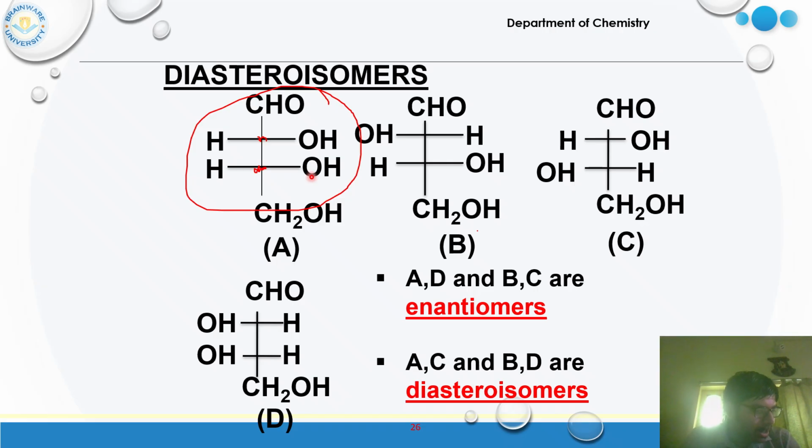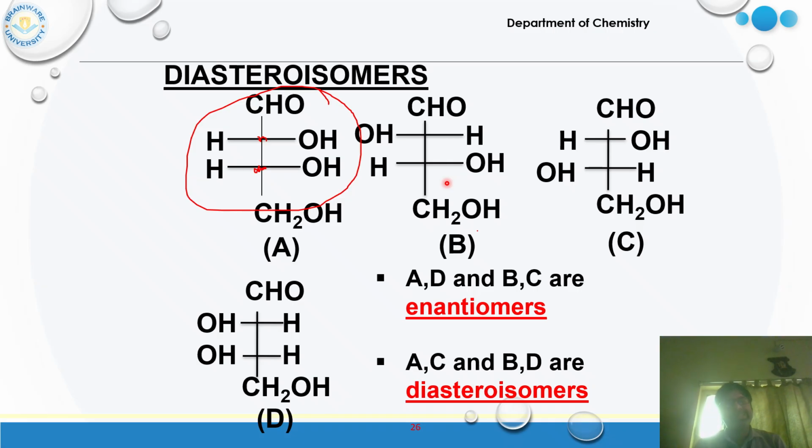So B cannot be the non-superimposable mirror image of A.